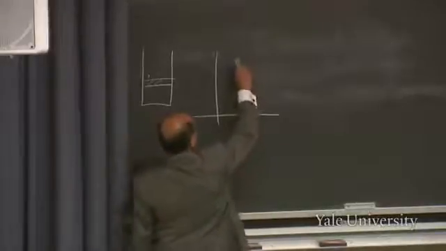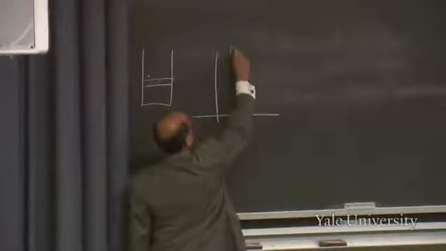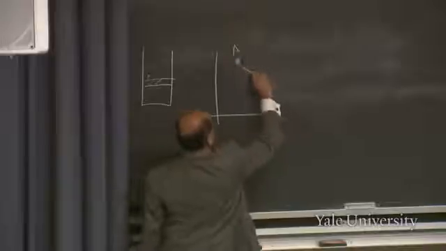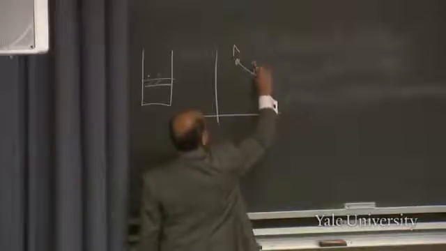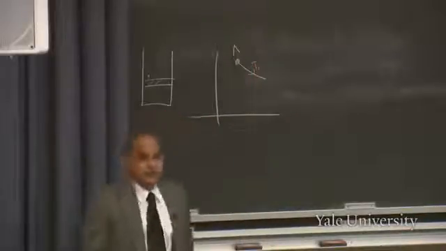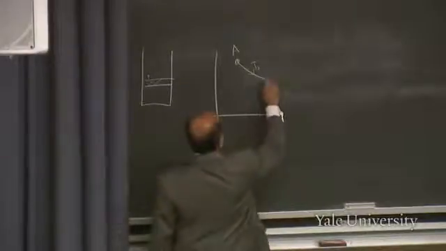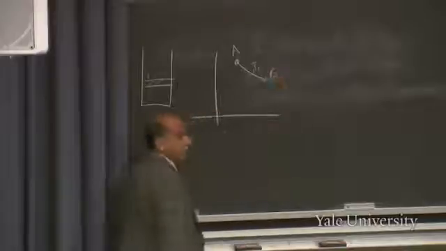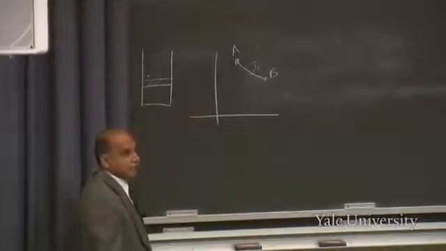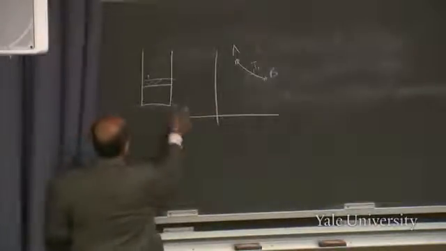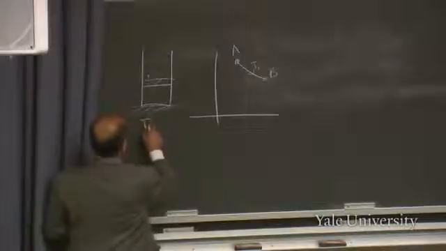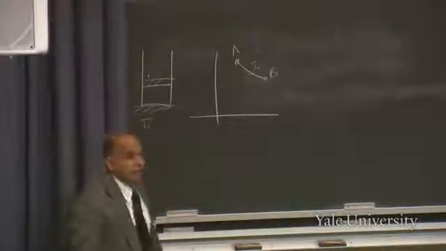You start at some point, A, you expand at a certain temperature, T1, isothermally, till you come to the point B. The way you should imagine that is that this gas is placed on a reservoir whose temperature is frozen, stuck at T1.